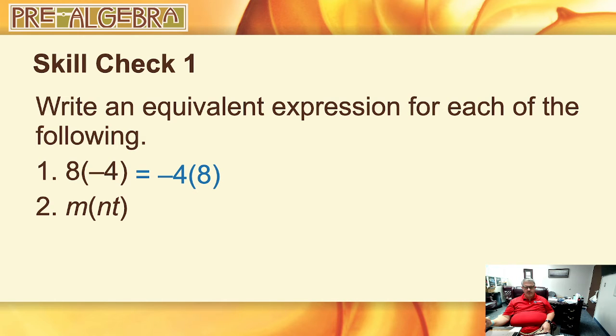That's really the only option you've got there. And then for m times n times t, you have the equivalent expression of mn in parentheses, times t, where the m was on the outside before, now the m and n are together, and the t is by itself on the outside. That is the commutative property. I'm sorry, the associative property. I said the wrong one. The associative property.